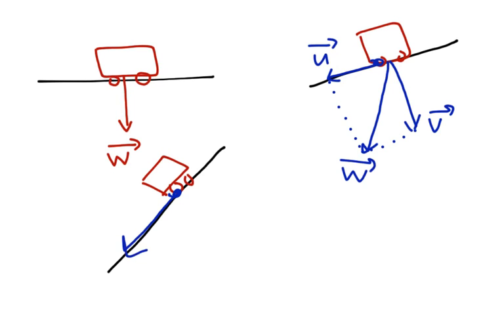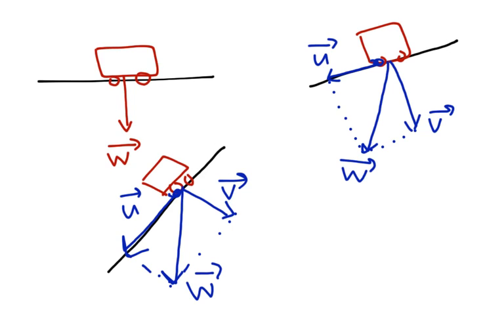This becomes bigger. The force of the object on the surface of the hill becomes smaller. But it doesn't really change the weight pulling down towards the center of the earth. But we still want you to know that the weight pulling towards the center of the earth is the sum of the force wanting to roll it down the hill plus the force pushing into the surface of the hill.